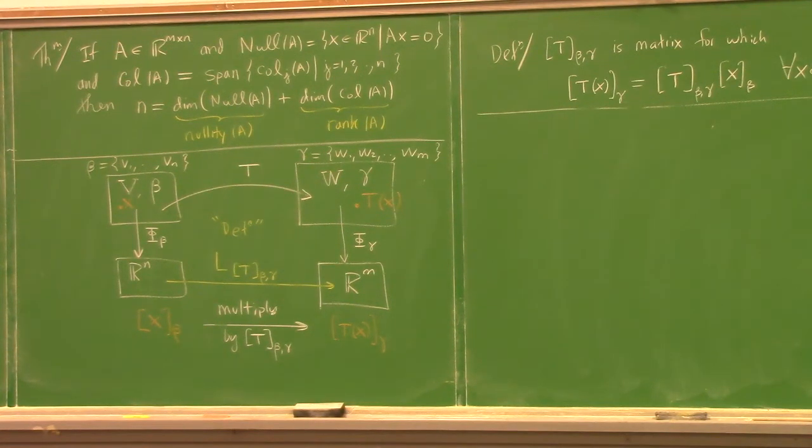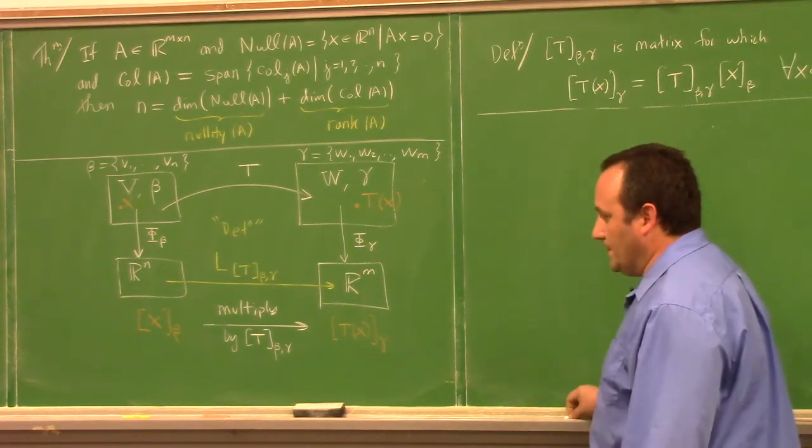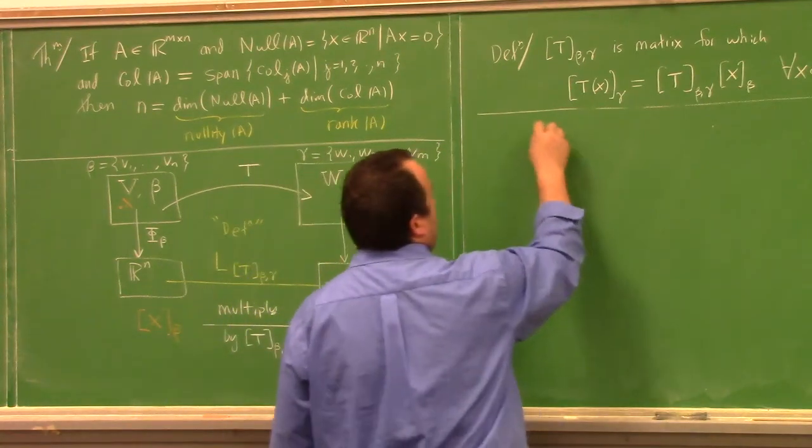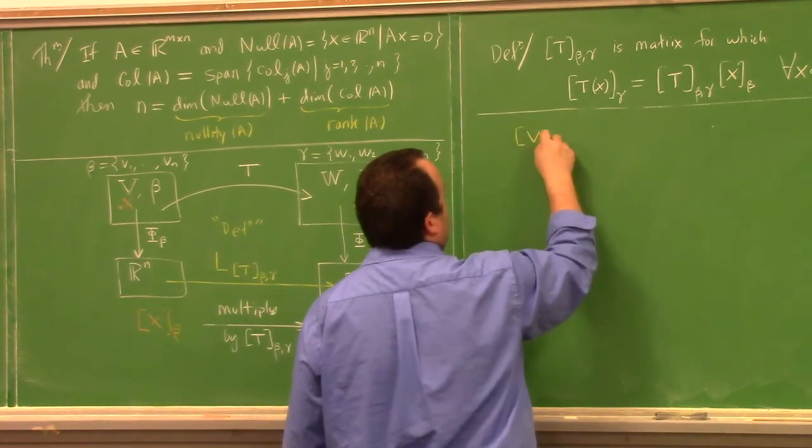Maybe you'd like a formula for the matrix T beta gamma. Can you guys tell me how to get a formula for it? How about this? What is the coordinate vector of vj?